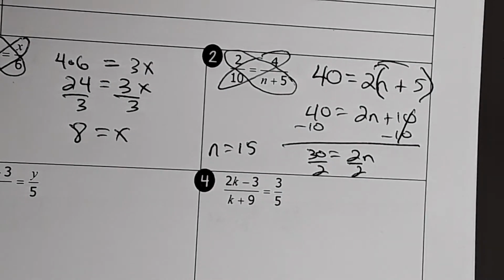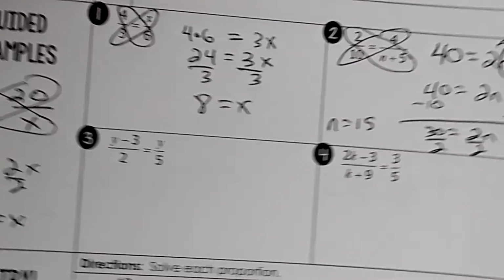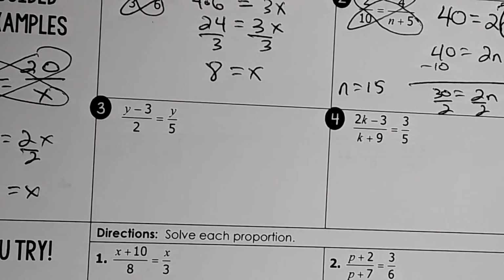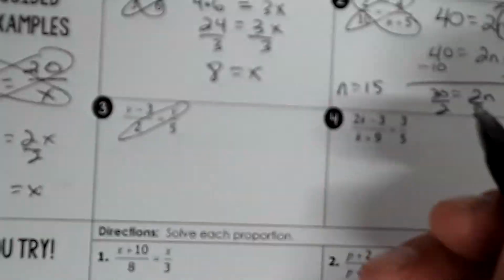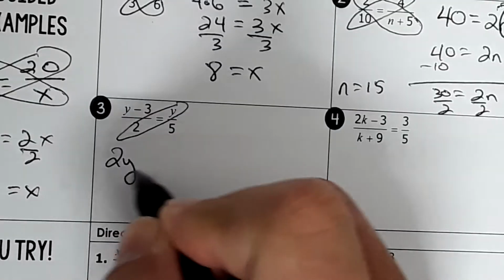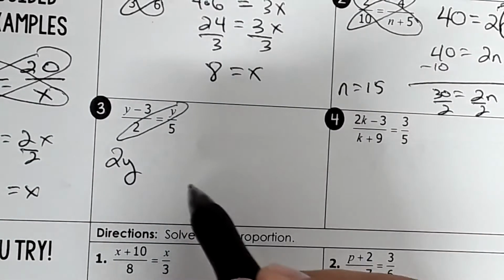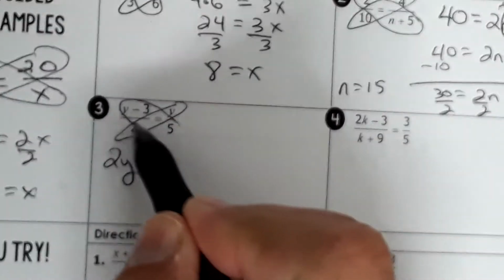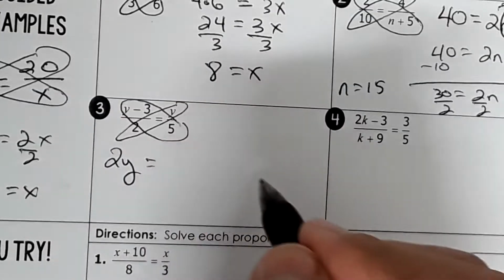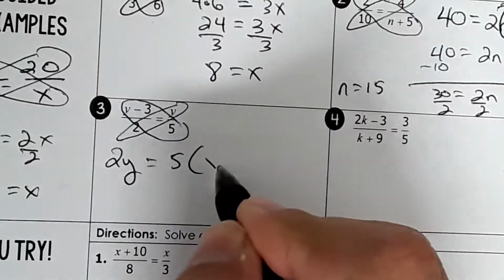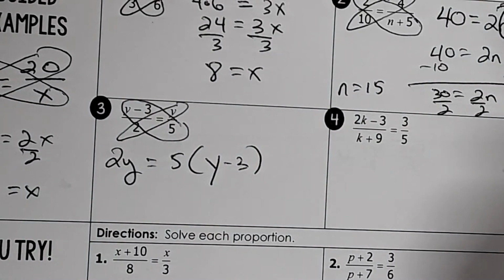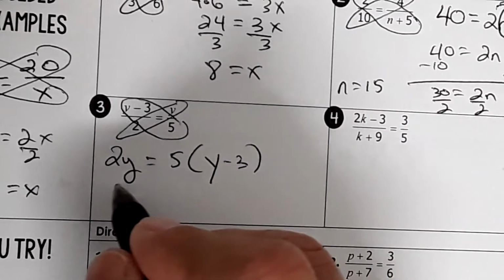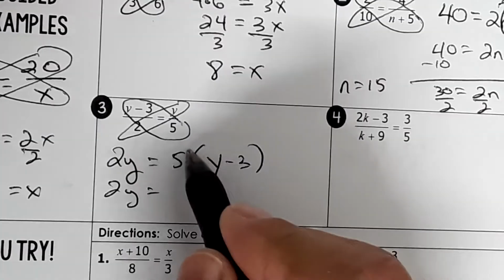Okay. Look at number 3. Same process. 2 times y would just be 2y. Here, 5 times that whole thing, that's going to equal 5 times that whole thing of y minus 3. Now we got a little bit more stuff going on. Got to distribute.